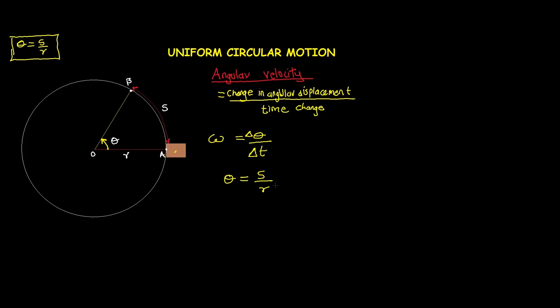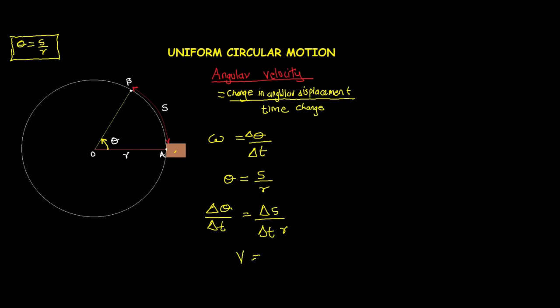We need to divide both sides by time so that we can find the angular velocity. If we divide both sides by t, the change in angular displacement against the change in time is given by the change in the displacement divided by the change in time, multiplied by 1 over r. So this is the representation of the angular velocity here.